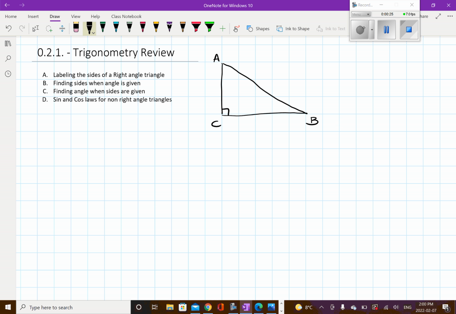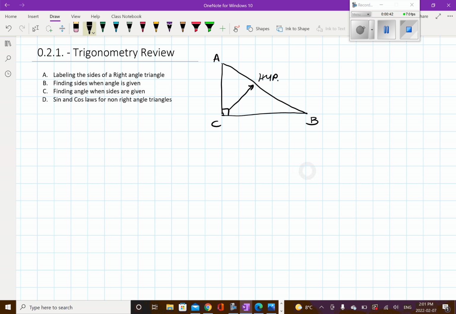Always the side that is opposite to the 90-degree angle is known as the hypotenuse, while the other two sides are known as the opposite or adjacent, depending on the perspective that you see it.